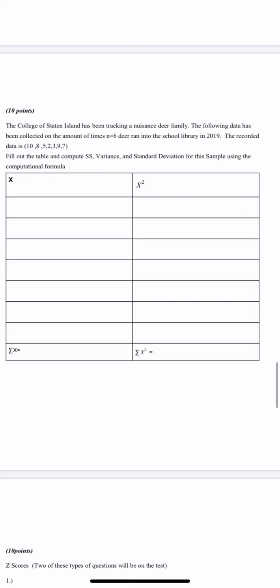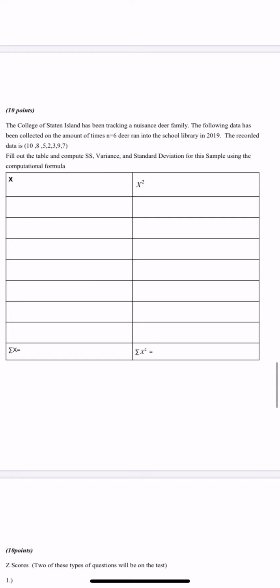So 1936 divided by 7 equals 276.57. So 332 minus 276.57 equals 55.43.